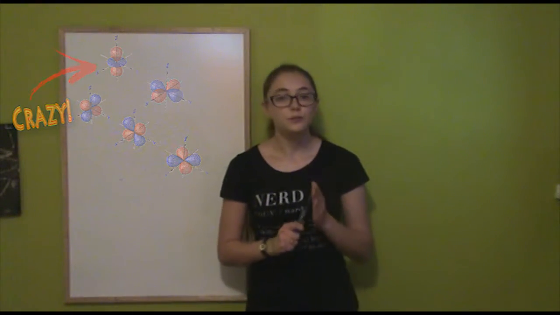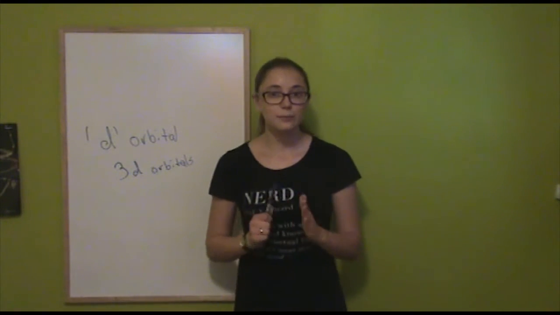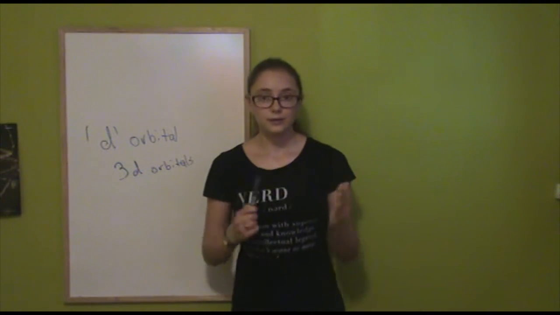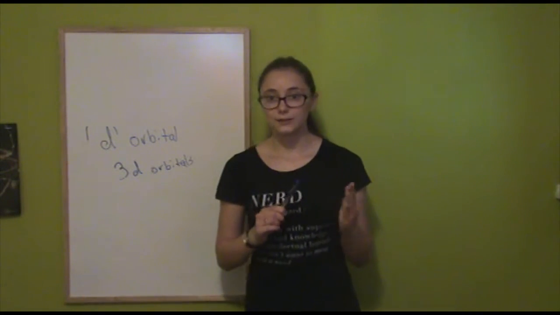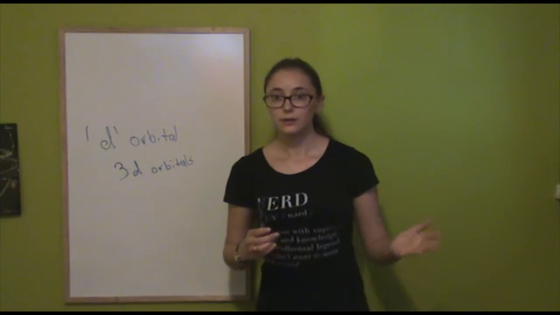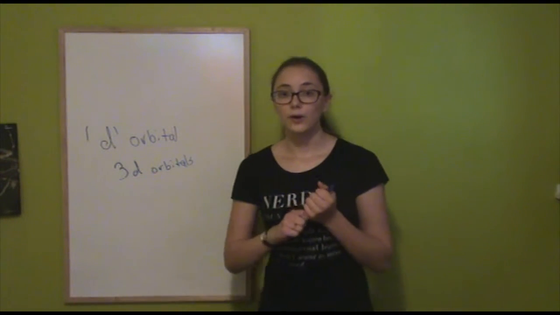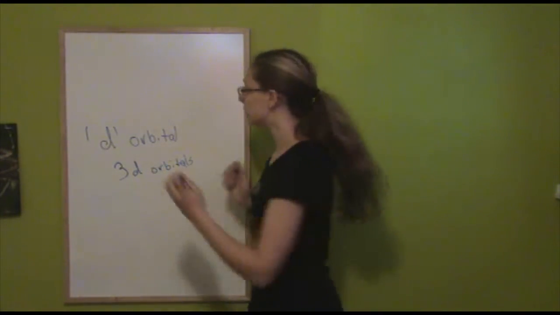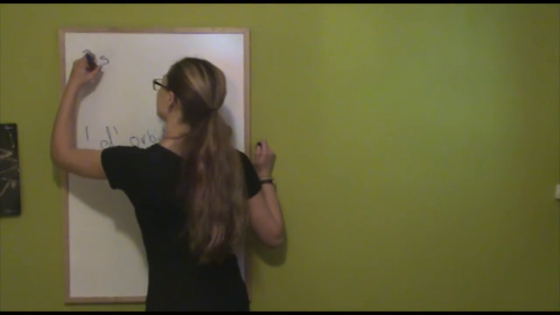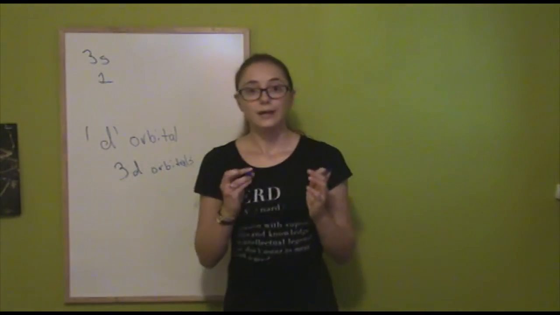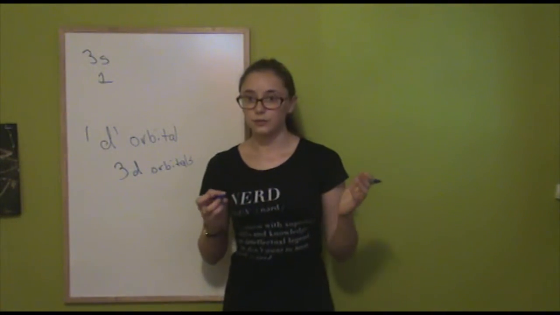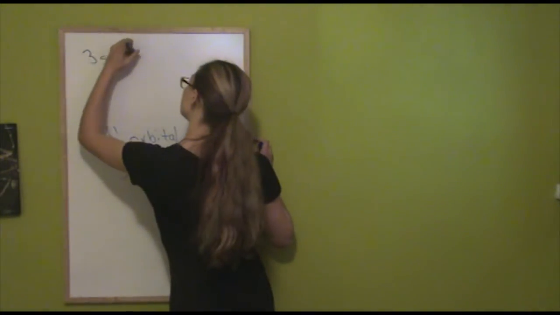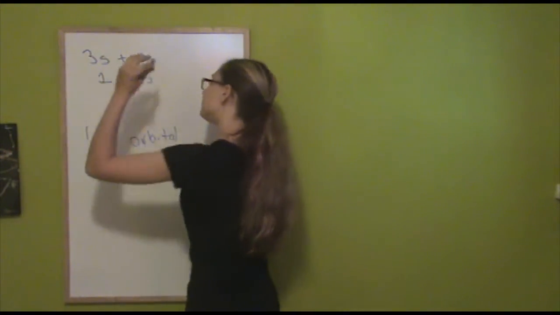After all this weirdness, don't forget the important basic fact that a maximum of 2 electrons can exist in every orbital. Using that fact, let's calculate the total number of electrons that can be held in the third energy level of an atom. So starting from the bottom, we have one s orbital that on the third energy level is called a 3s orbital. So we have a 3s orbital, and there is one of them. And then we have p orbitals, and on the third energy level, they're called 3p orbitals, and there are 3 of them.